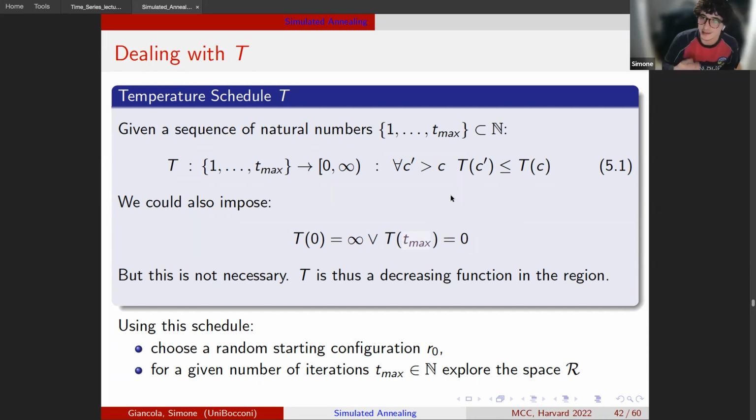So basically the Tmax depends on the problem you're looking at. The usual approach is having a problem, creating a simulated annealing algorithm, and then trying different configurations until you see that one is somehow satisfactory. So every problem will have its own Tmax.